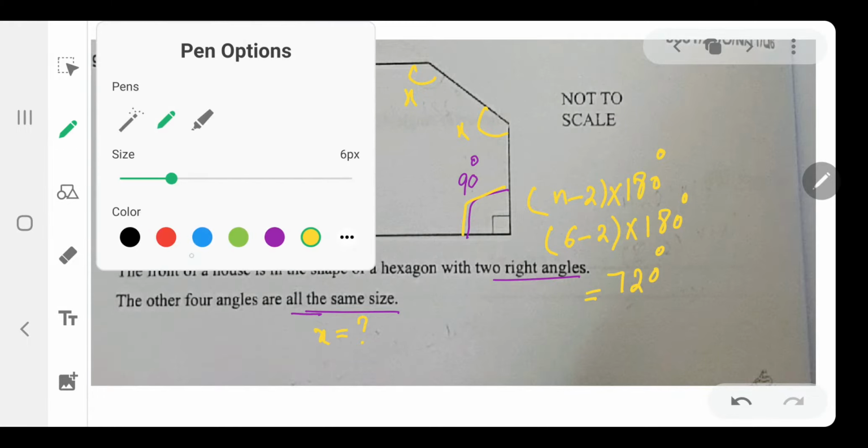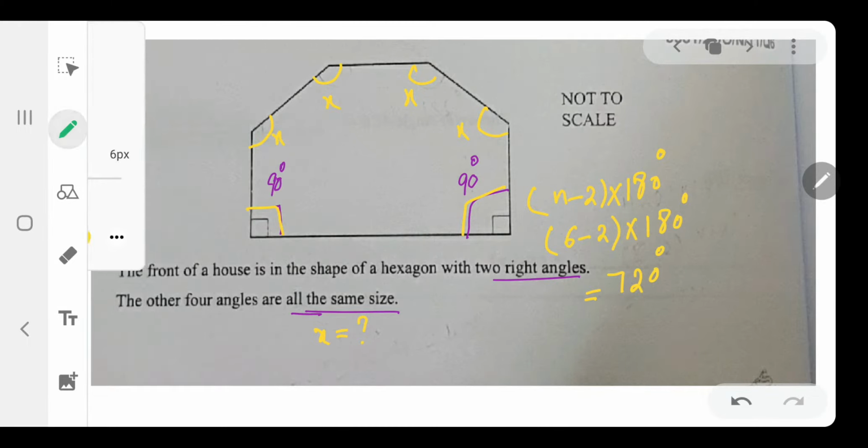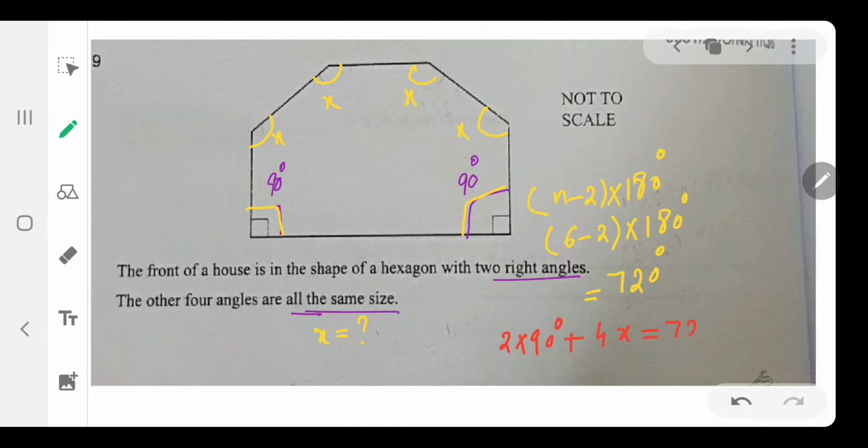So, how should I write this as an equation? We know that the sum of all these interior angles is equal to 720, which says that 2 times 90 degrees plus 4 times x is equal to 720 degrees.